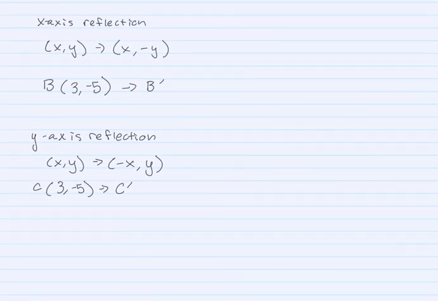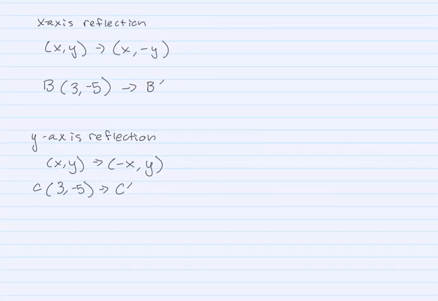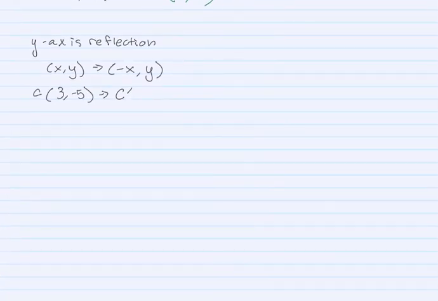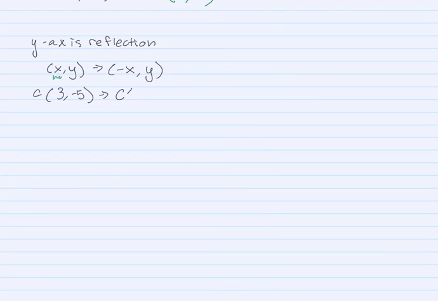X-axis reflection means that you take your point, you keep x the same, and make y the opposite. So I'm going to keep x the same and make y the opposite. So my image, my b prime, is going to be 3, 5. And y-axis reflection, I take the opposite of x, so that's going to be negative 3, and I keep y the same.